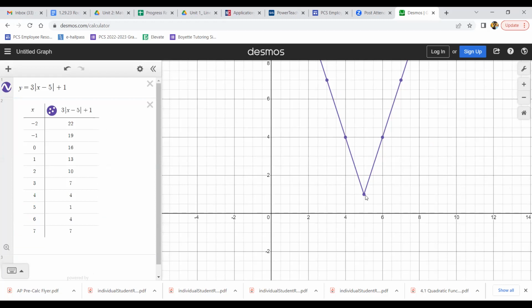So we've got the vertex at 5, 1, 6, 4, 4, 4, 3, 7. Oh, we can graph 3, 7, and 7, 7. We can graph all those. So over 5 up 1, over 4 up 4, over 6 up 4, over 3 up 7, over 7 up 7.